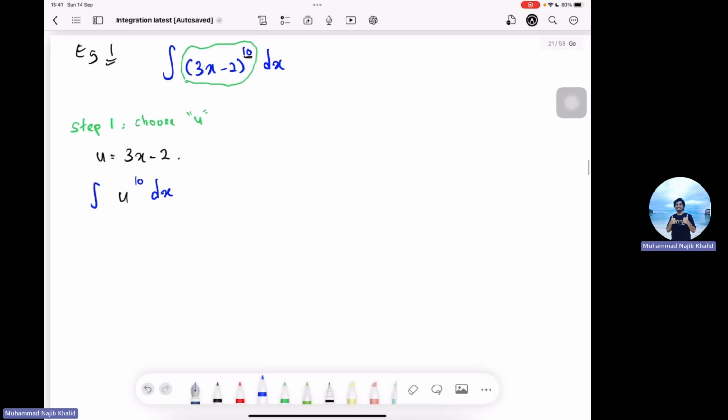Alright, so question: what do you find that is unusual in this integral? But okay, I will help you, don't worry.